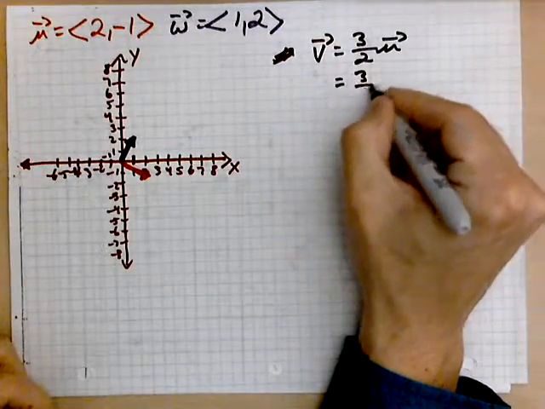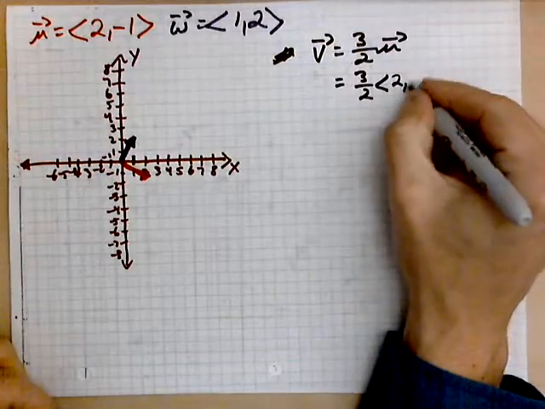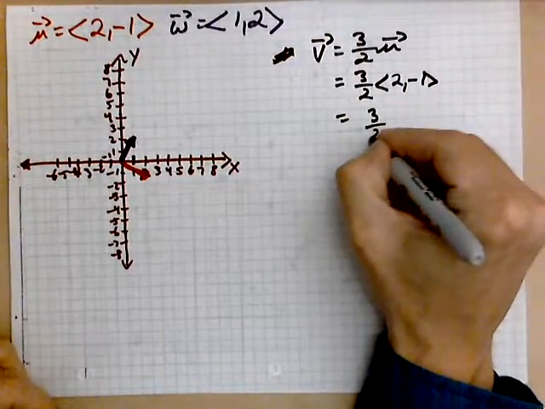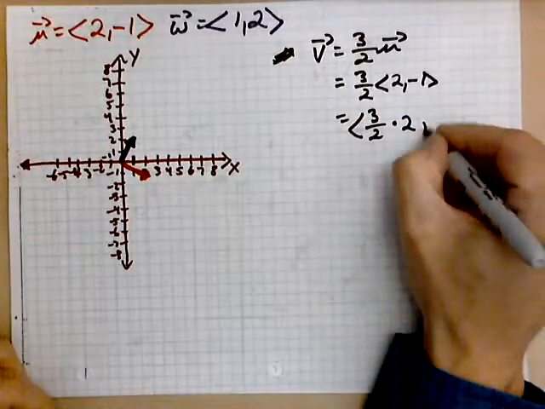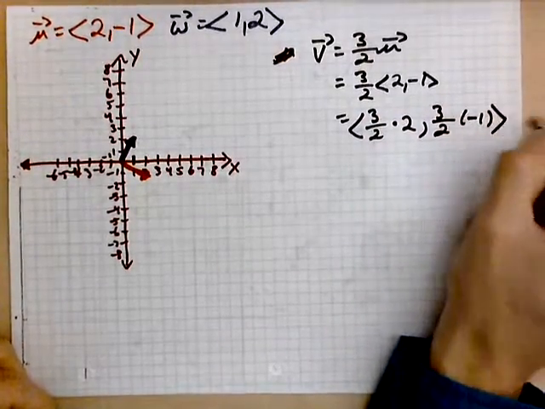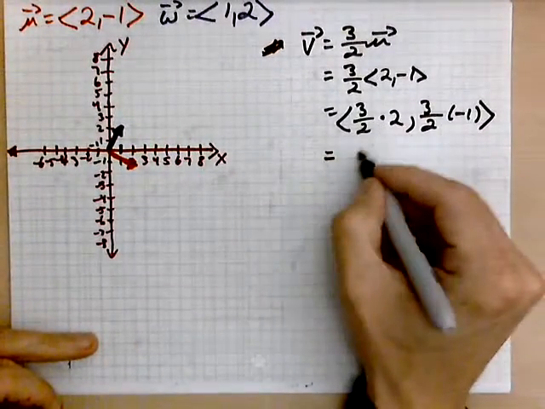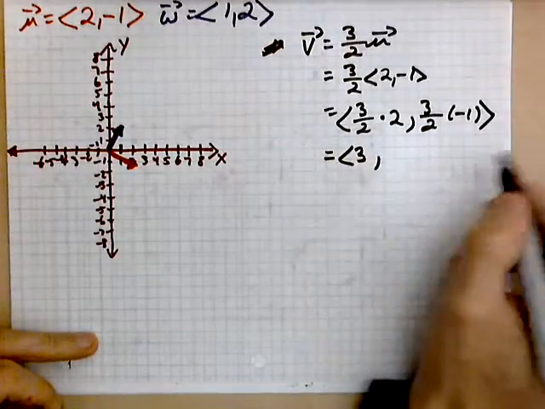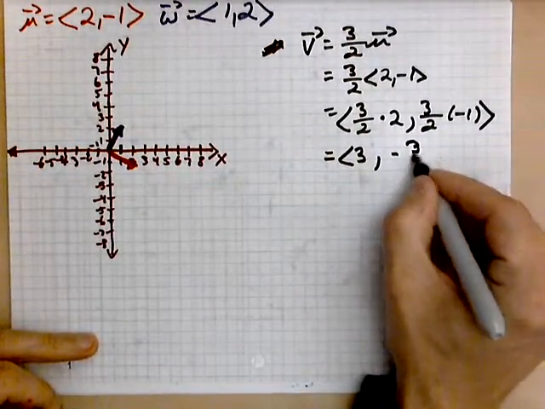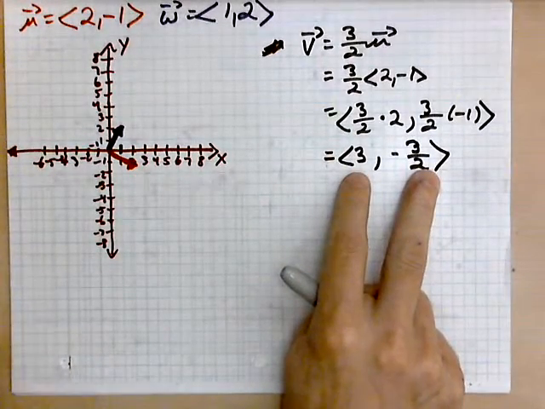You take your 3/2 and you distribute it over the components of vector u, which gives 3/2 times 2, and then 3/2 times -1, which then turns into, the 2's cancel, and what we have is 3, and the 3/2 times -1 is -3/2. So this is 3/2 of vector u.